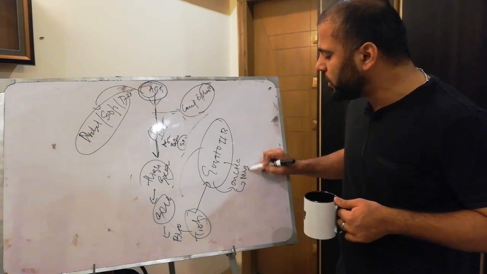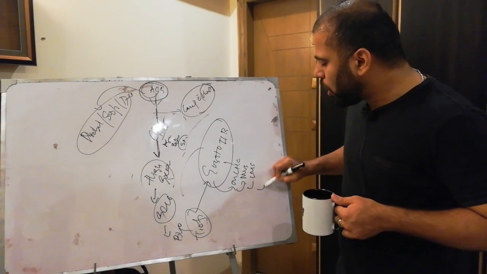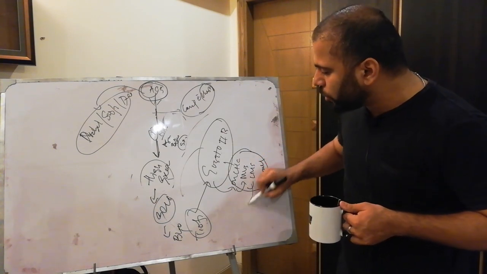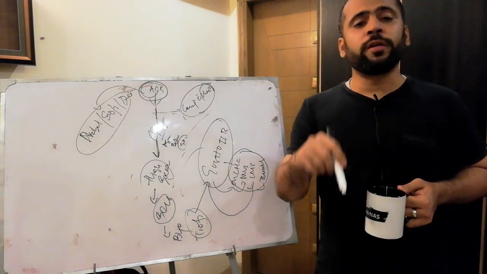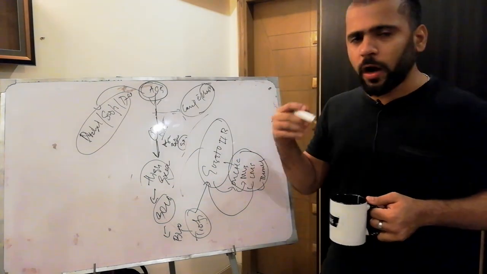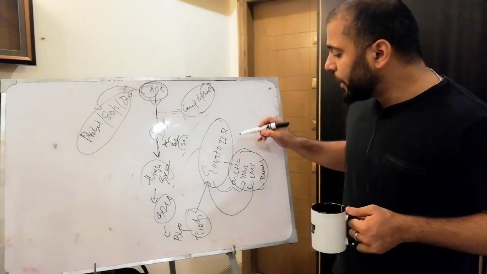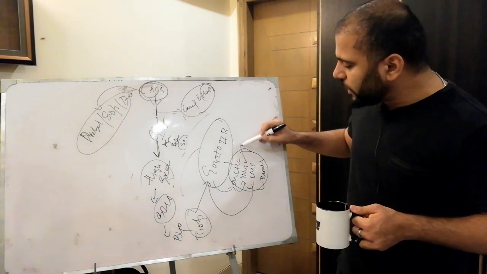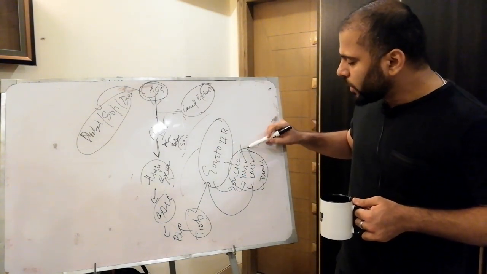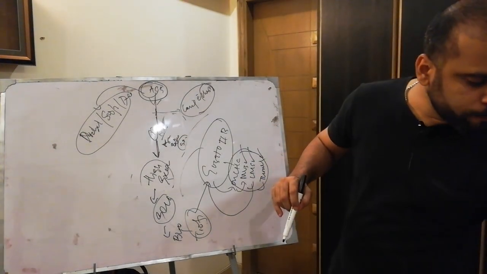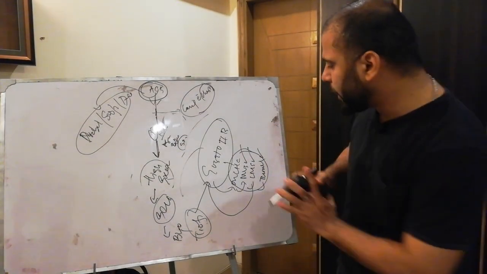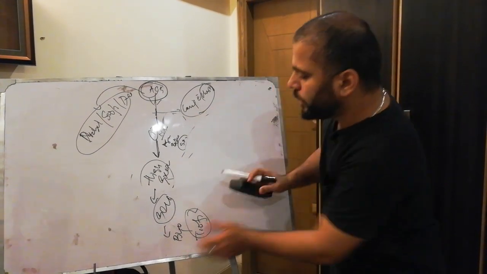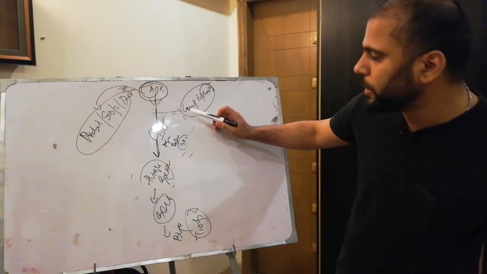One is multivessel disease, left main, or thrombus at the plaque site. These 3 things actually cause what? Raised troponins, highly raised troponins. So if you are getting highly raised troponin in your patients, it means probably you will see the multivessel disease, left main, and the thrombus at the site of the plaque rupture, at the culprit ruptured plaque. So these things are actually high risk for your patient.